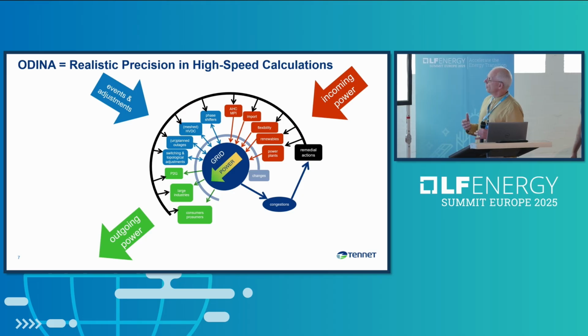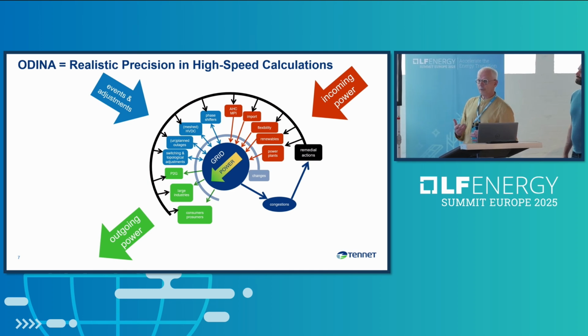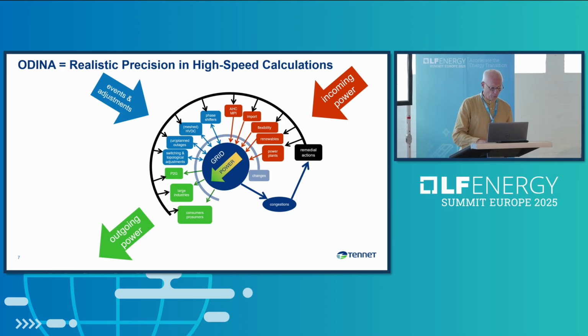But the problem is, we have well-known PTDFs, power transfer distribution factors, and we have LODFs, or linear outage distribution factors. These are factors that you can use for linear calculations, but they don't cover everything. They don't cover planned and unplanned outages, they don't cover switching, topology, and other changes.